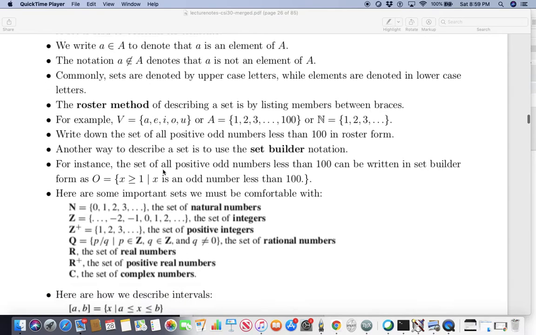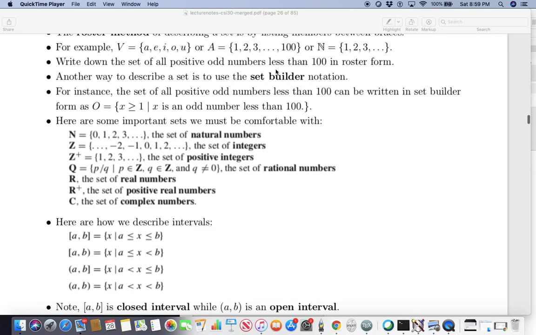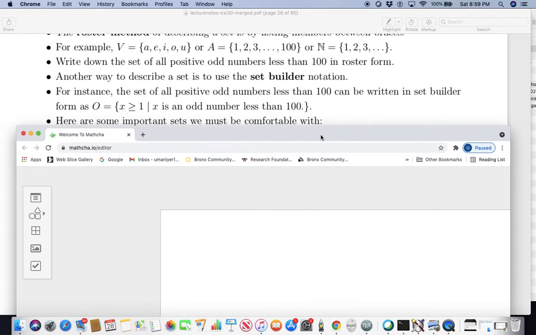So for example, write down the set of all positive odd numbers less than 100 in roster form.